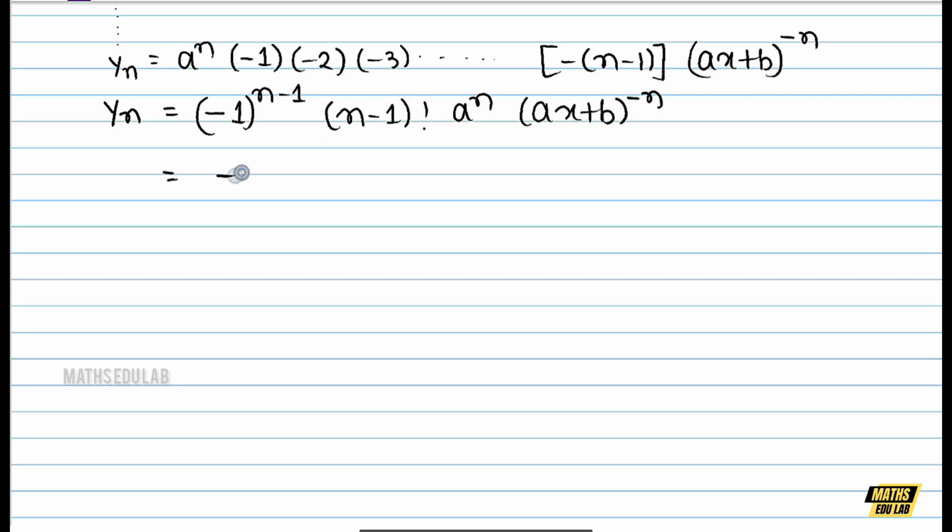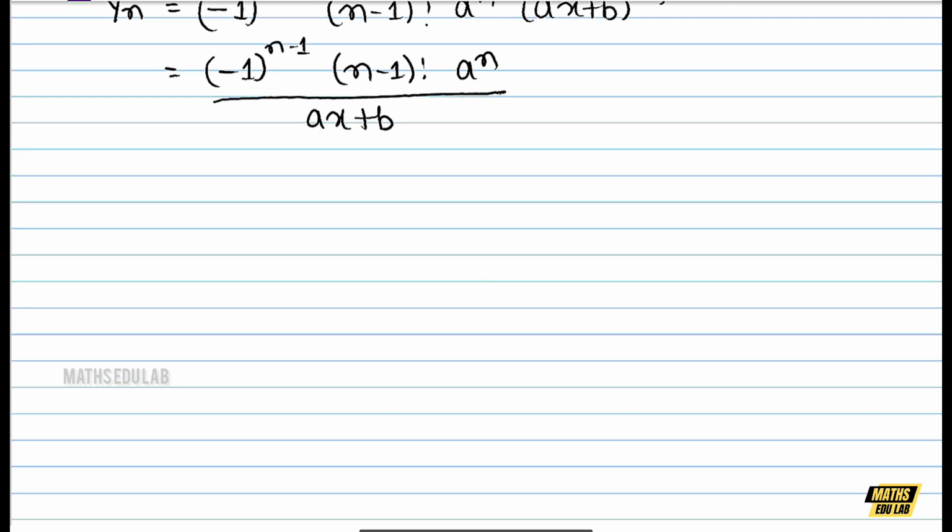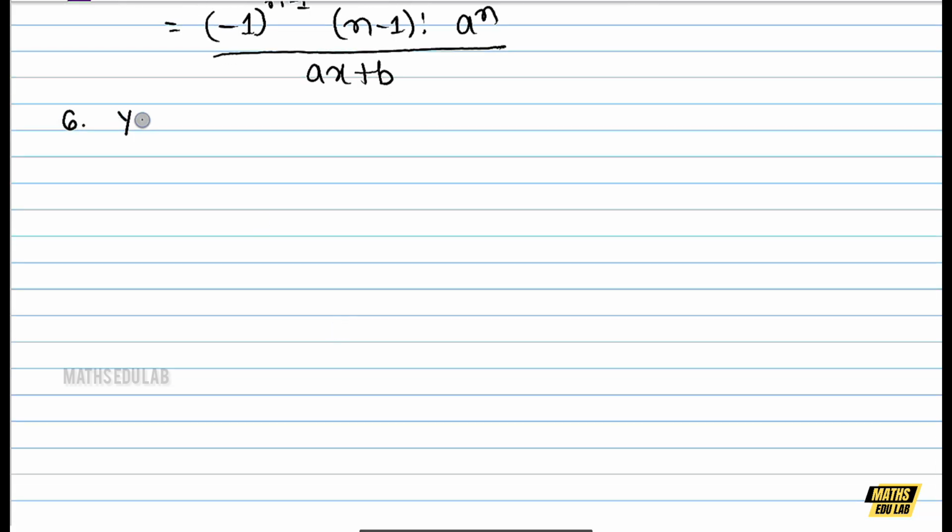Or with some more steps to simplify, minus 1 to the power n minus 1, (n minus 1) factorial, a to the power of n, upon (ax + b) to the power n. So this is the answer for the nth order derivative of the given function. The next one, the sixth one, is y is equals to e to the power of mx, and we have to find the nth order derivative of the given function.